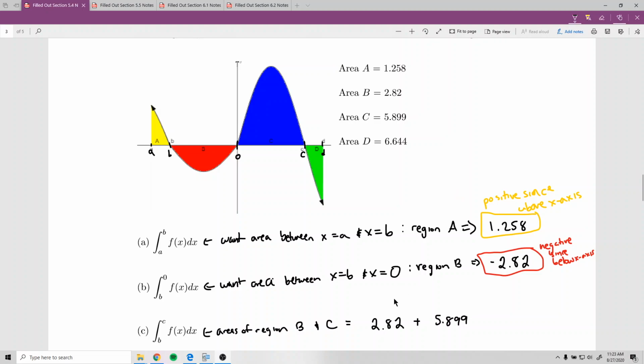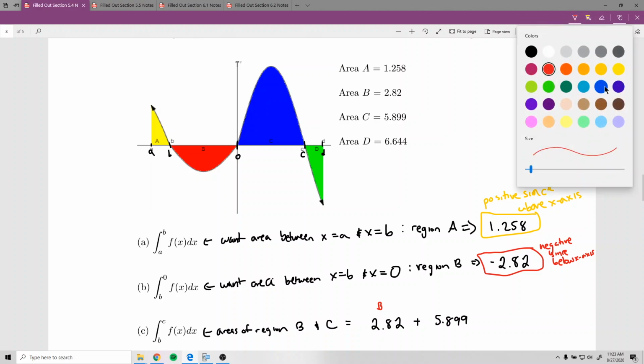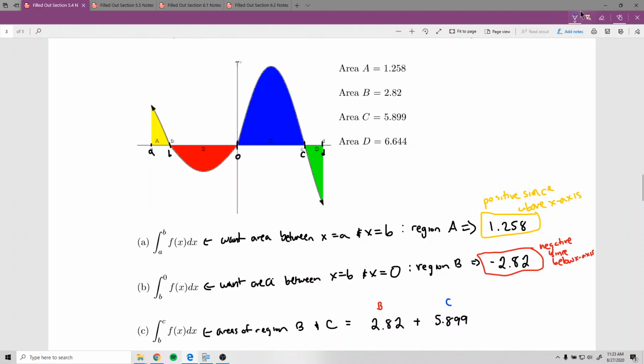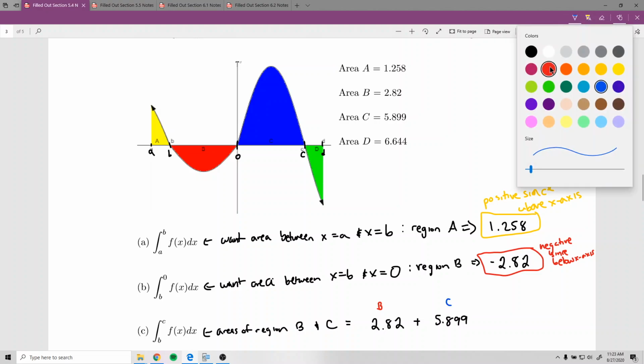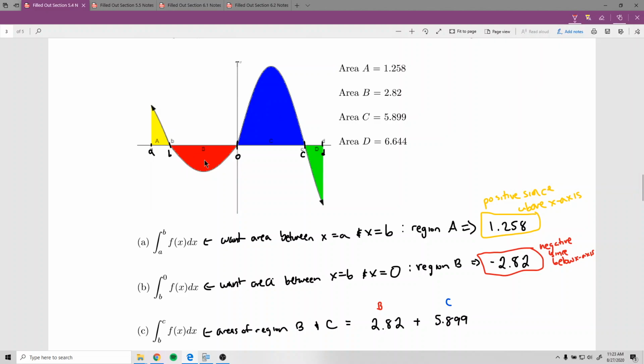Right, so let me just go ahead and write in above just to remind everyone. The 2.82 came from region B. The 5.899 came from the region C. But what do we have to do? We have to make sure, since region B is below the x-axis, that it is negative. C is above the x-axis, so we'll keep it positive.